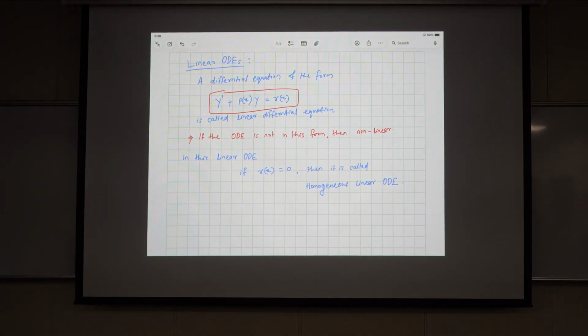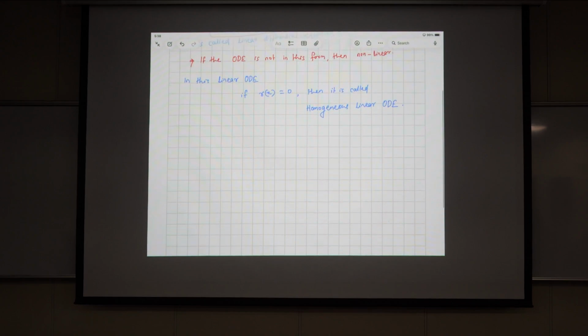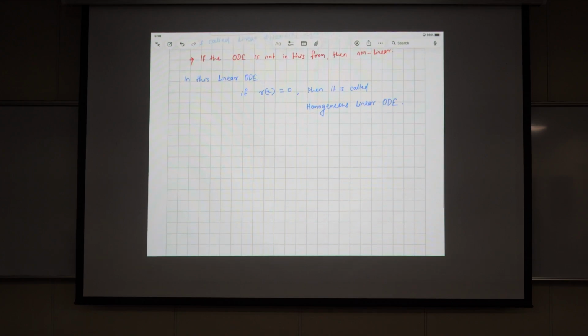That means I can write y dash plus p(x) y is equal to 0. This form is called homogeneous linear ODE.